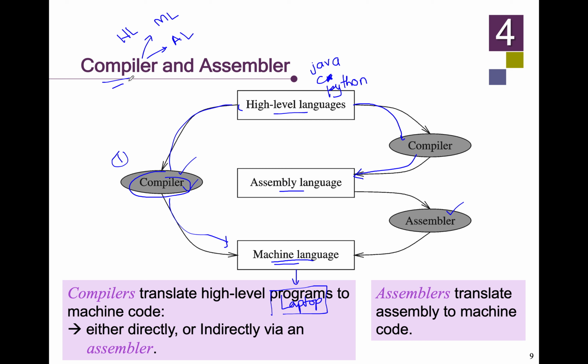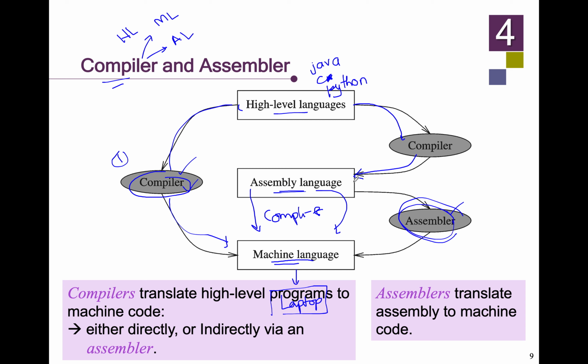Is it okay? Now for your assembler, the only task is to convert your assembly language to your machine language. So if you want to convert your assembly language to your machine language, you're not going to use a compiler, but you're going to use an assembler.